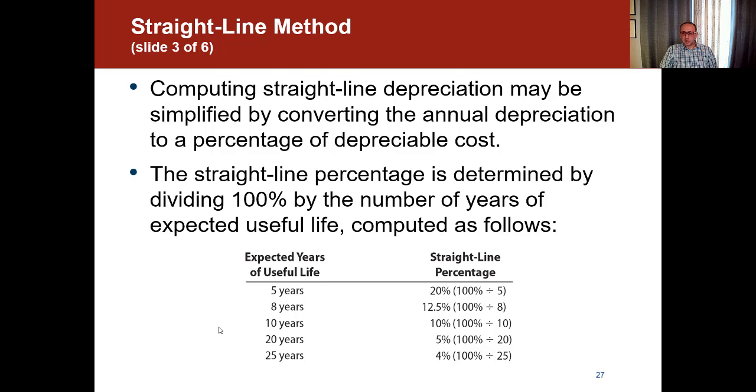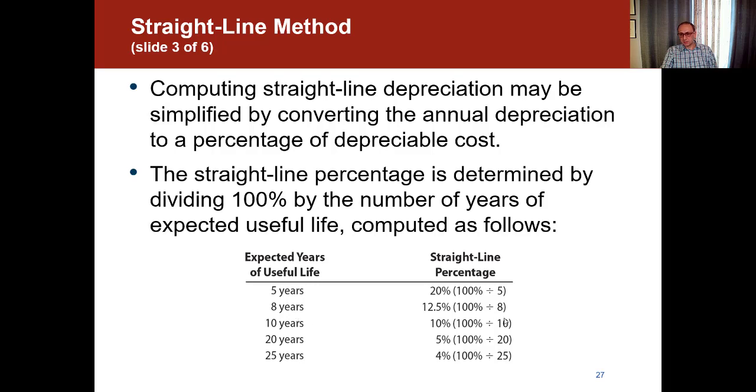So the straight line percentage is determined by dividing 100% by the number of years of expected useful life. And here we have some examples. For example, if we have an asset that has a useful life of 5 years, we just take 100% divided by 5, and that would be 20%. So we take the 20% and multiply it by the depreciable cost, and we get the depreciation expense per year.